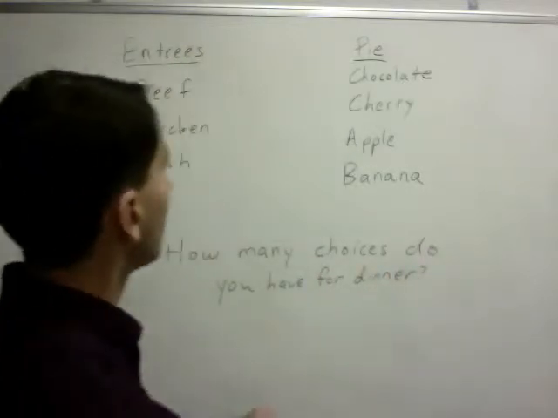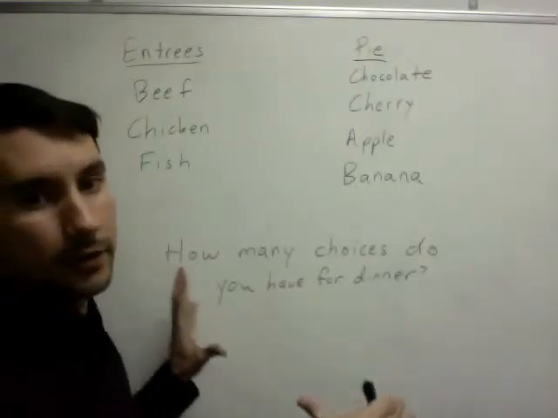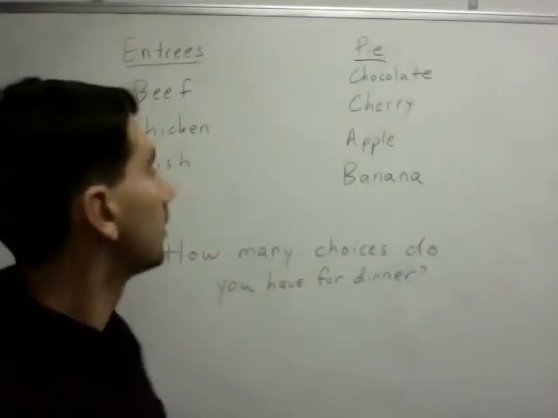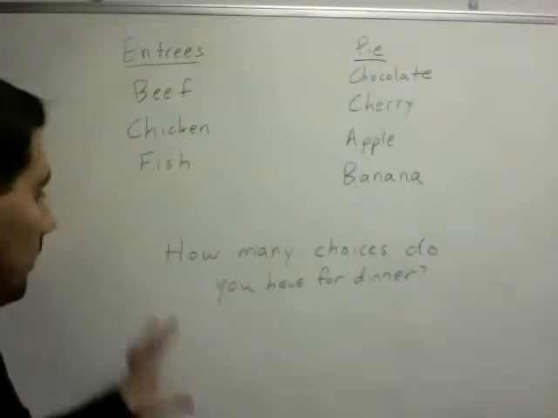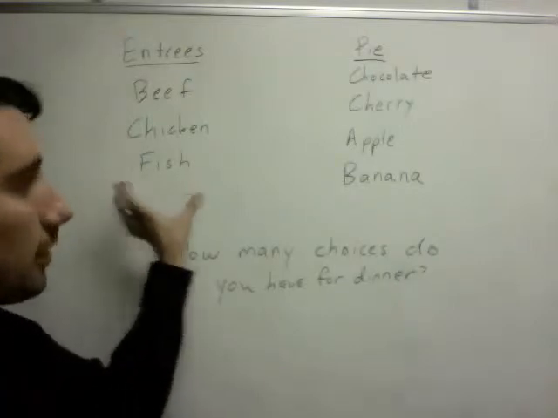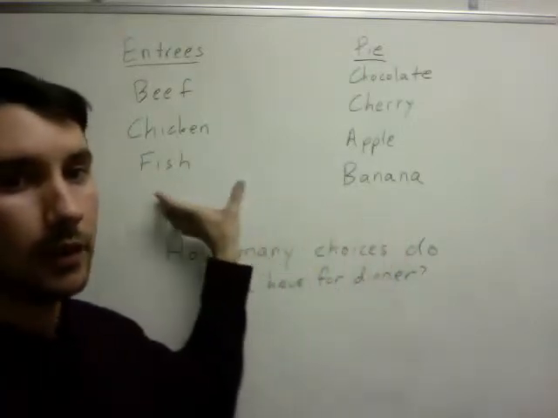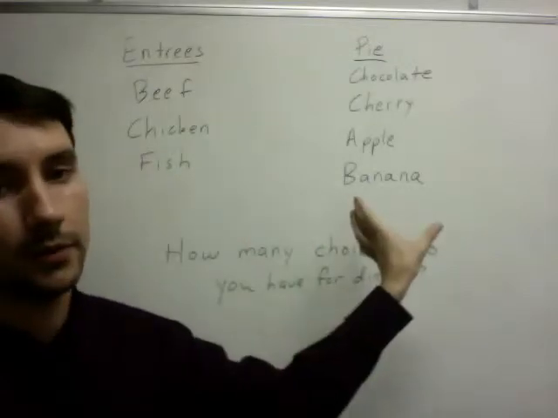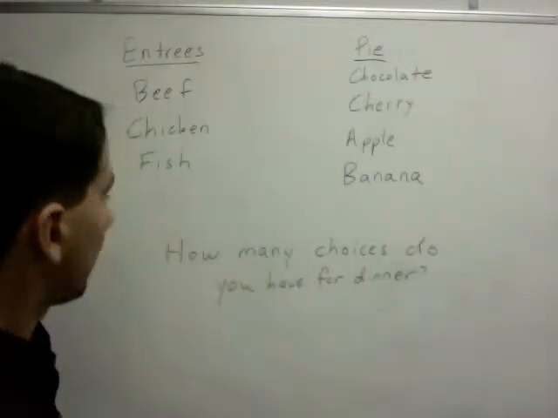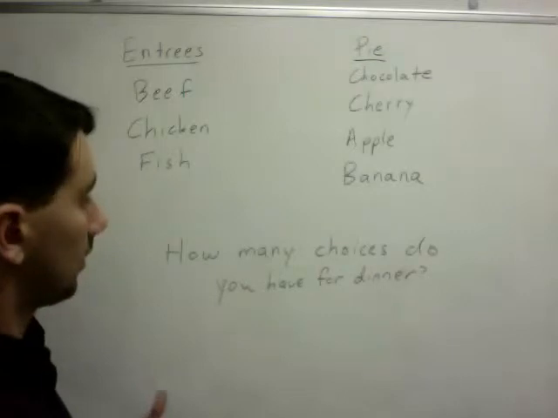Dinner is like the big overall experiment, but it's broken up into 2 smaller choices. You're going to choose an entree, and you're going to pair that with some sort of pie. And we want to know how many choices you have.